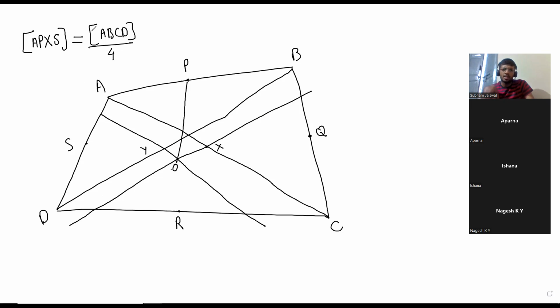Or maybe APXS, does it really matter? Let's see if it matters. Or maybe let me not say X. Okay, I'll just say O. O is better, right? O is the more central thing.